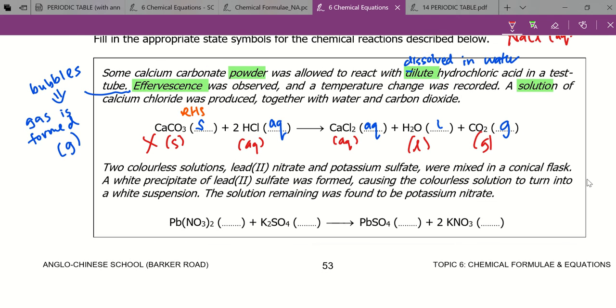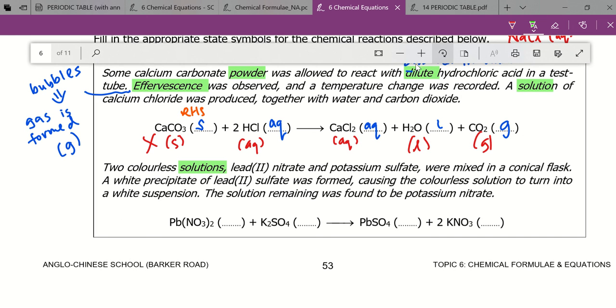Let's try the next one together. Okay, let's read. I have two aqueous solutions, right? So for solution, I know that it is aqueous. What are the solutions? The solutions are lead(II) nitrate and potassium sulfate. So these are my reactants over here, lead(II) nitrate and potassium sulfate.